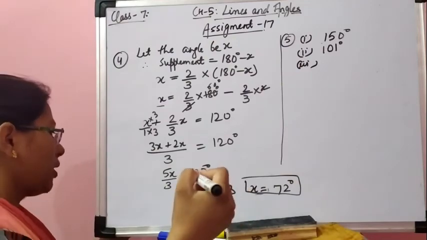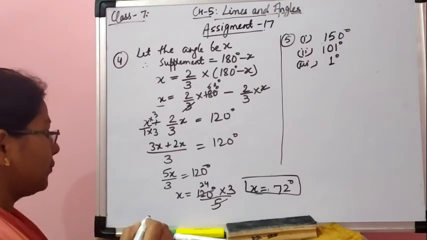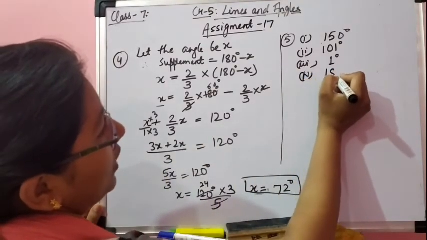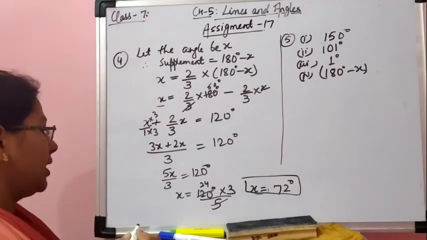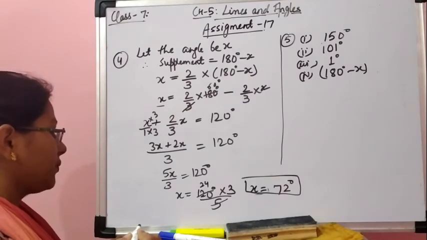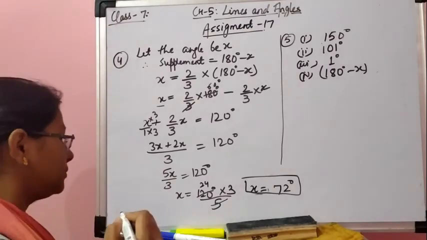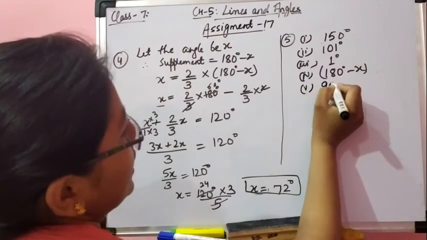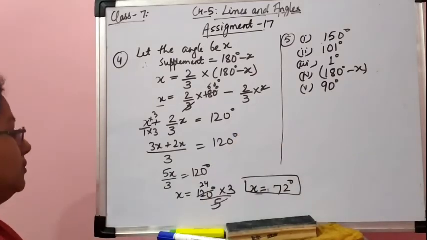Third one is 179 degree. So the supplement will be 1 degree. Next is x degree. So the supplement will be 180 minus x. Okay. Then next is of the right angle. Supplement of the right angle. What is the supplement of the right angle? That is 90 degree. 180 minus 90 degree. So in this way you can do these questions. Okay, this is 5th part.